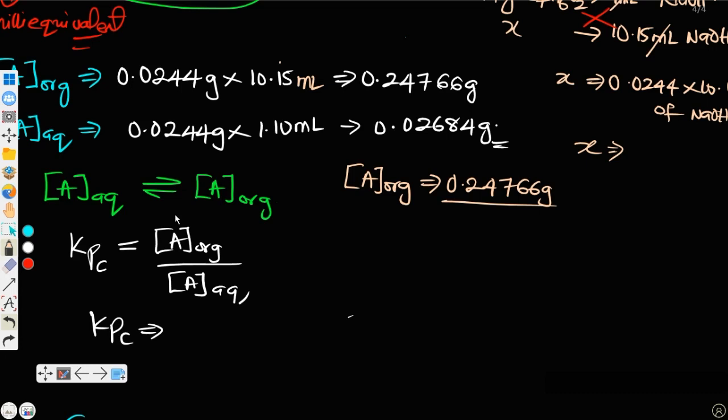So if you want to express concentration in gram per mole, it will now be 0.24766 gram.